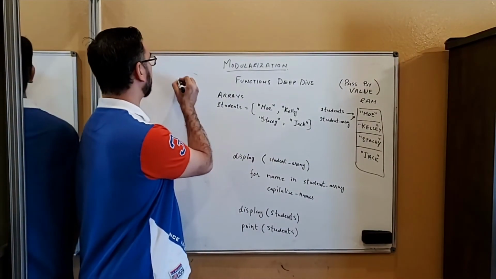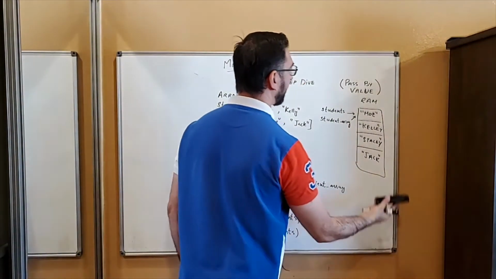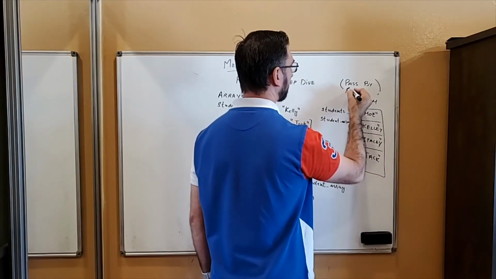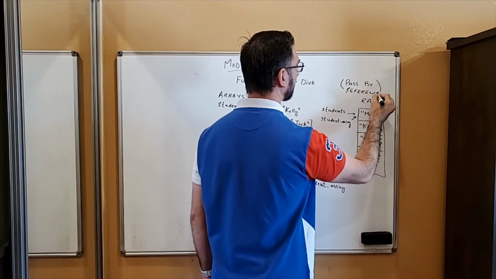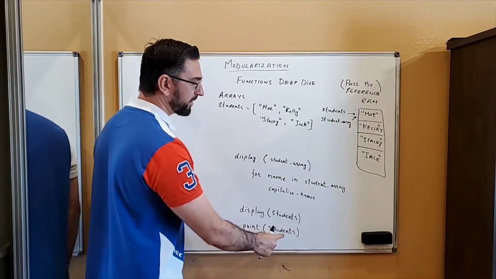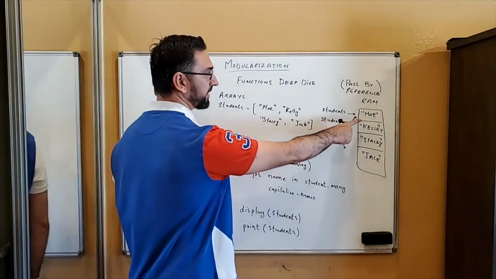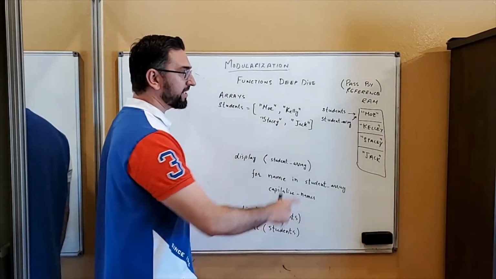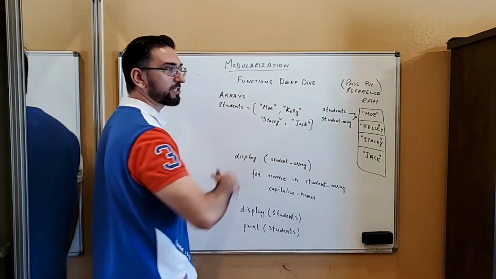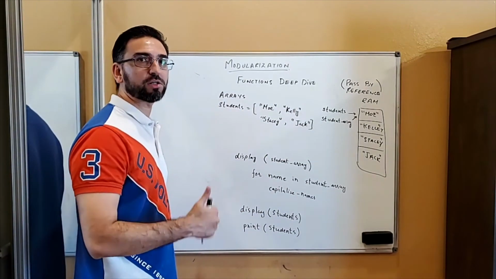This is referred to as pass by reference. Because in this case, you're not passing a copy of the value, you're passing the reference to where it's pointing in memory. So any operation that you do inside your function will affect the actual location in memory and not a copy of that value.